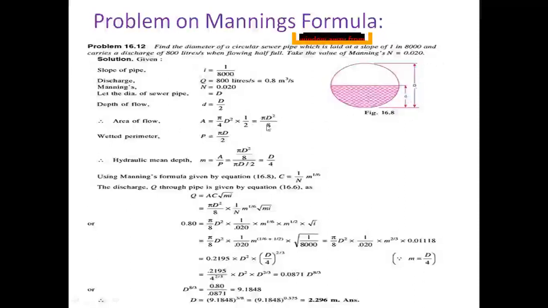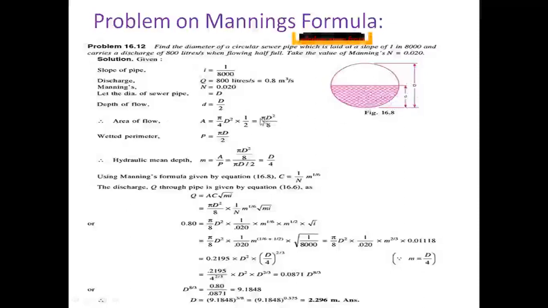Area of the flow A equals pi by 4 into capital D square into 1 by 2. Water is flowing in only half of the section, that's why you take 1 by 2.